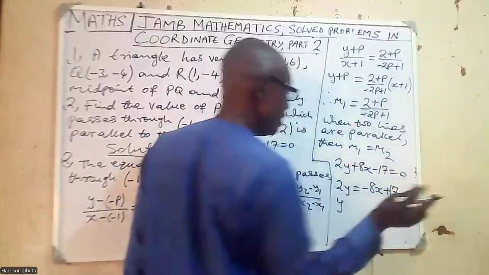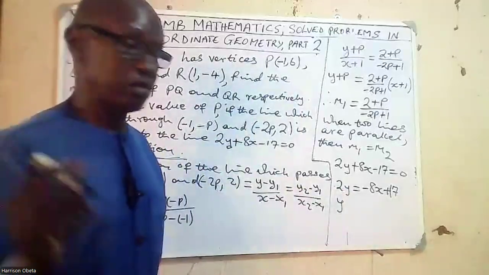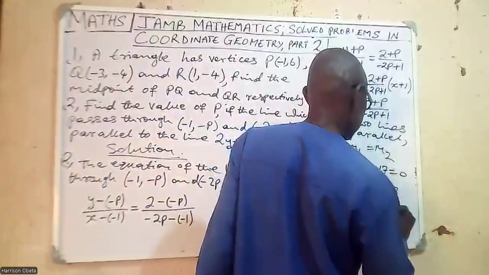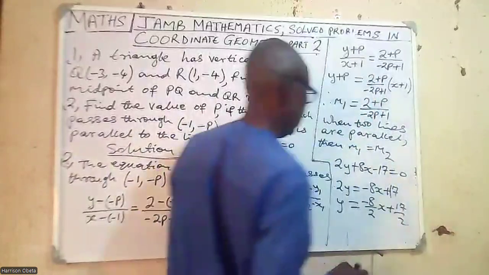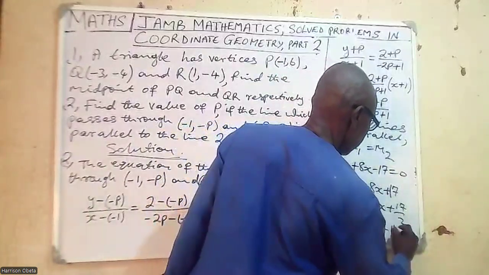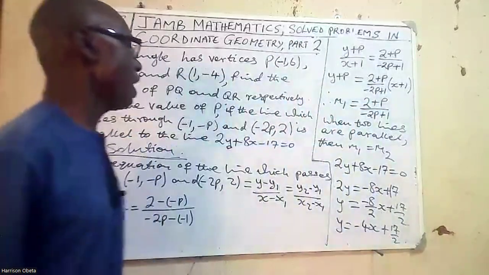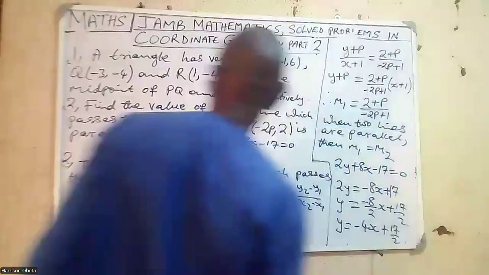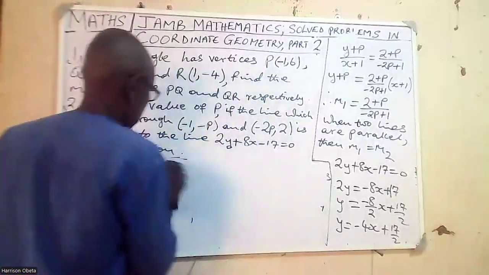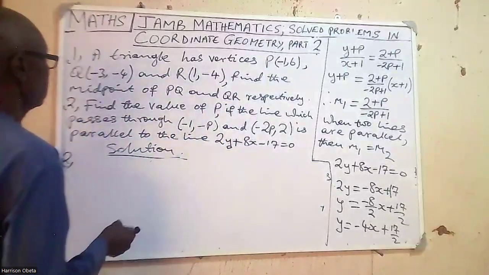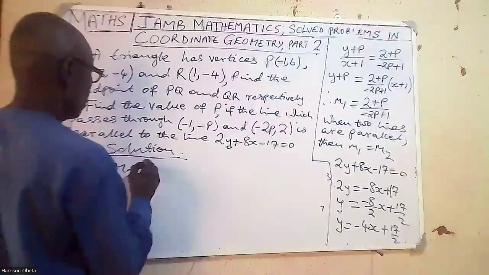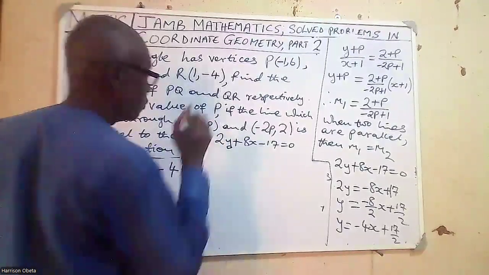Dividing everything by 2 to make y the subject, we get y equal to minus 8 over 2 x plus 17 over 2, which is y equal to minus 4x plus 17 over 2. So our m2 is minus 4.